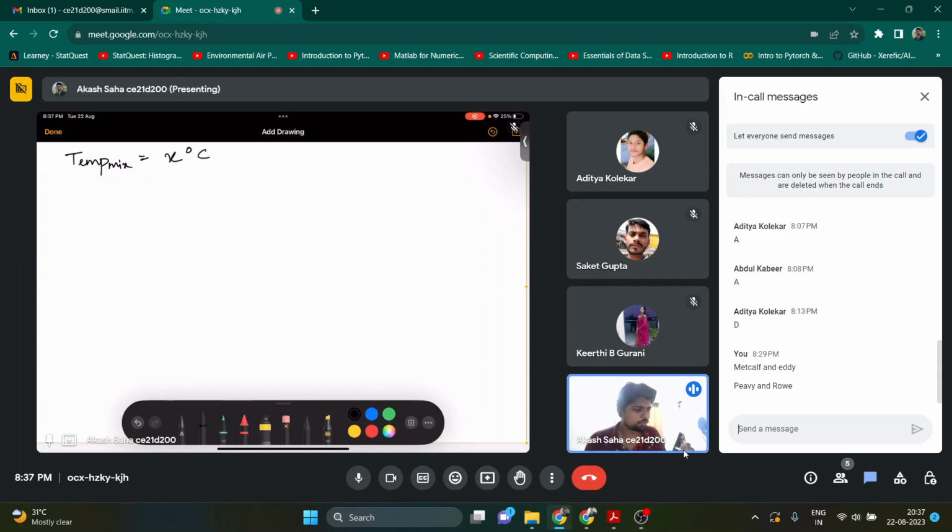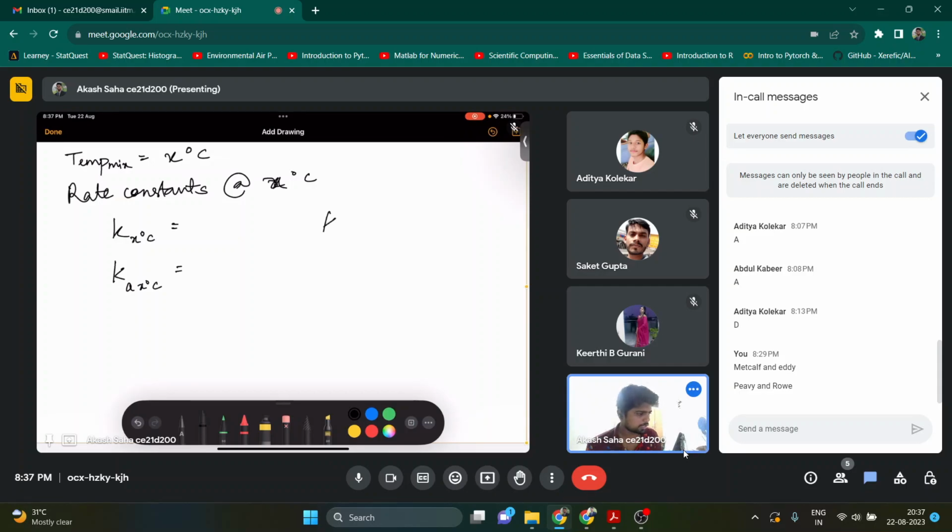So now we have to find all the rate constants at x degrees Celsius, because we know the rate constants at 20 degrees Celsius or 30 degrees Celsius, but we have to find them for x degrees Celsius. So we will find the K at x degrees Celsius and also the K reaeration at x degrees Celsius.